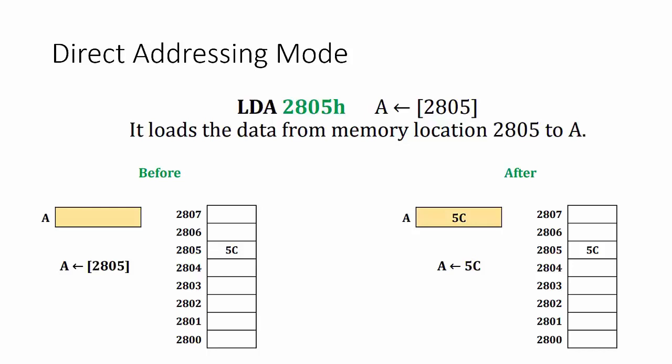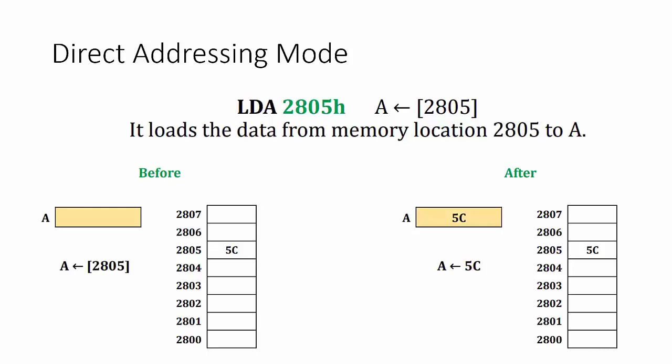In the left part, A is the accumulator register. Suppose it is empty, it has no value. We want to store a value in the accumulator. In the instruction we defined 2805H, the address of the main memory. It means whatever value is stored at memory location 2805 will be stored in the accumulator register.